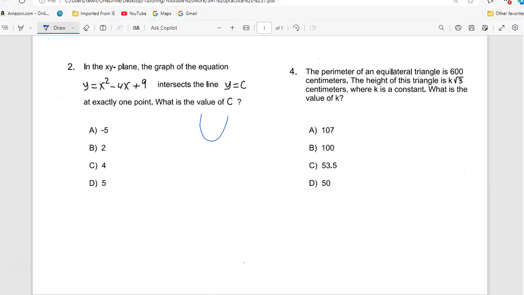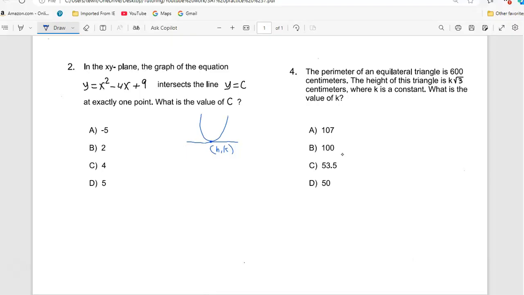And that horizontal line intersects the graph at one point. That means it has to just touch the graph at the vertex. So I'm looking for the y-coordinate of the vertex. The vertex of a parabola is the point (h, k), so I'm looking for k.